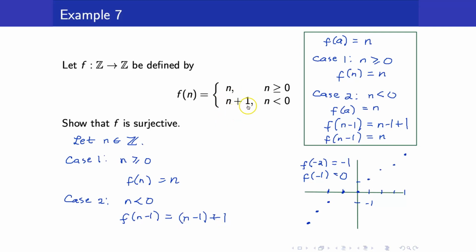Take note, we are using this because if n is negative, then n minus 1 is negative also. So this is equal to n. So therefore, we have shown that in both cases, we can always find a pre-image.